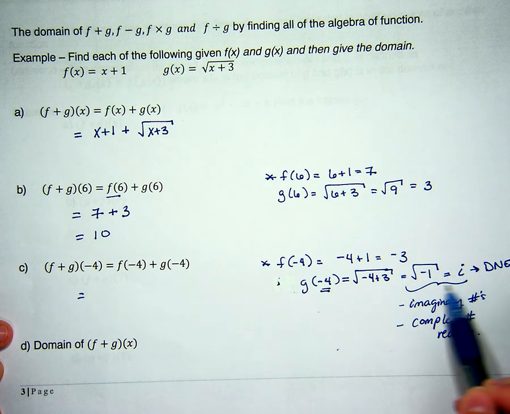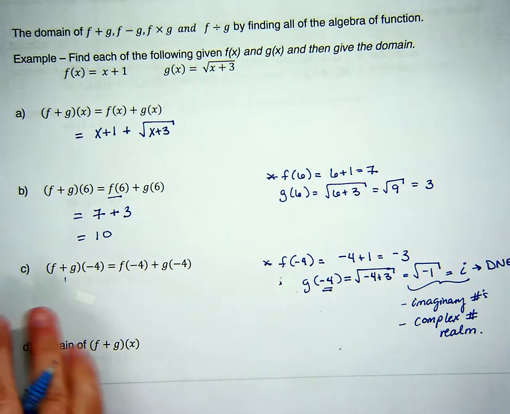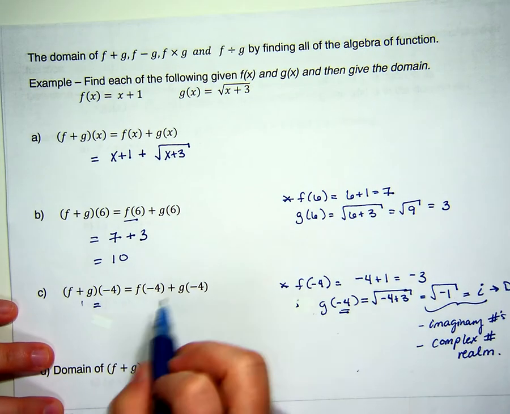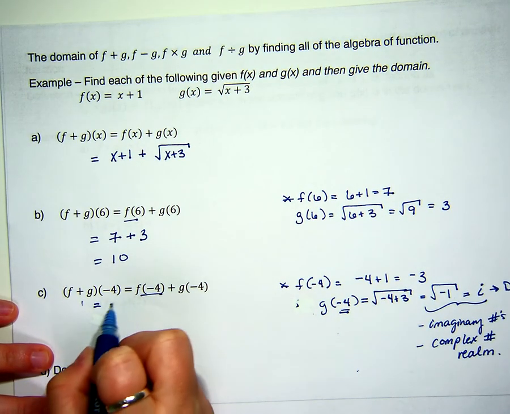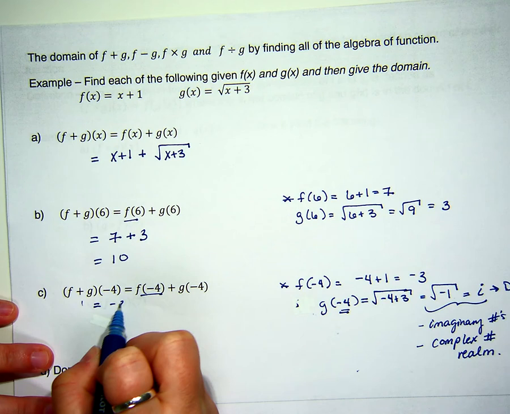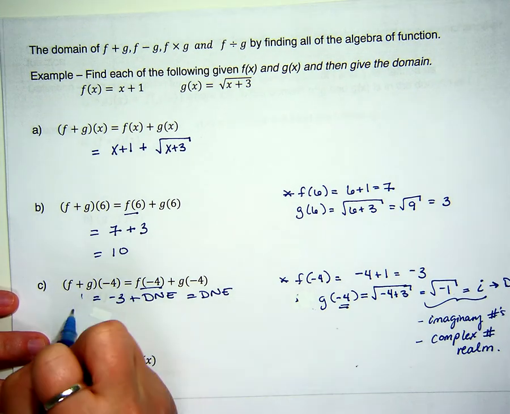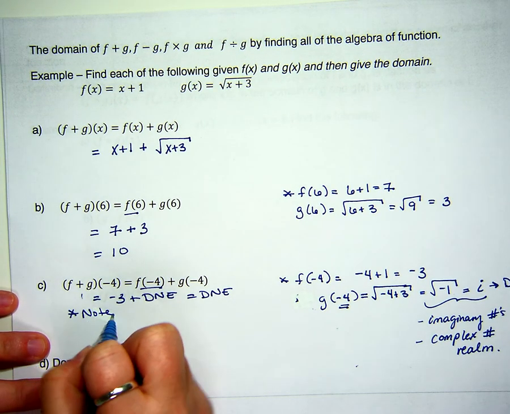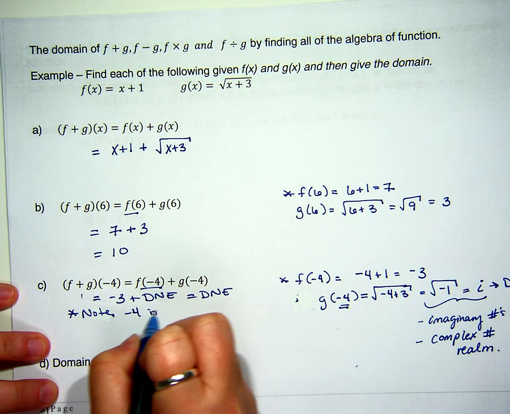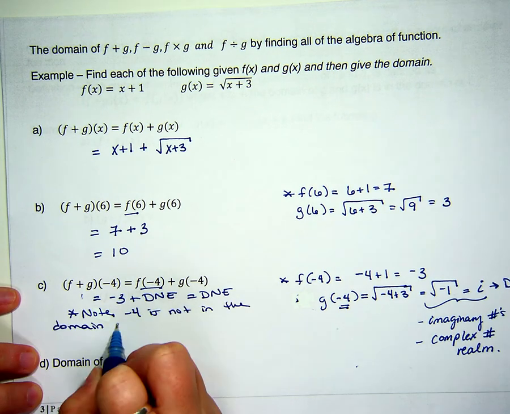So let's write ourselves a note here. If I get f of negative 4 is negative 3 plus something that does not exist, then the whole thing does not exist. I can't do this one. So let's talk about this. Note, negative 4 is not in the domain of g of x.